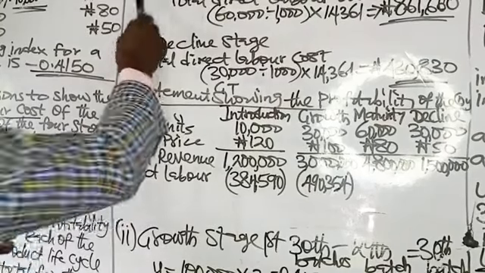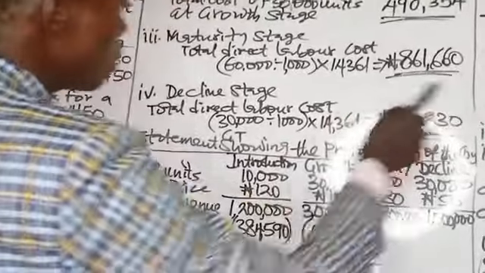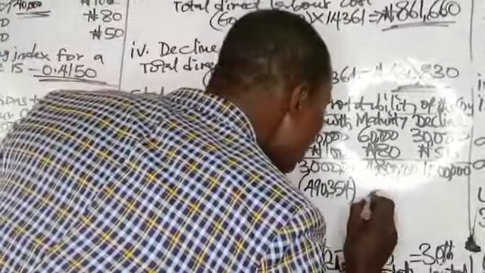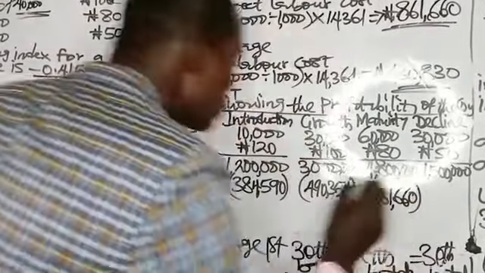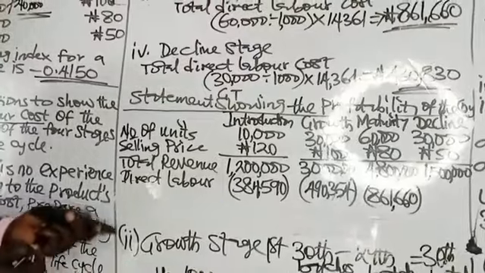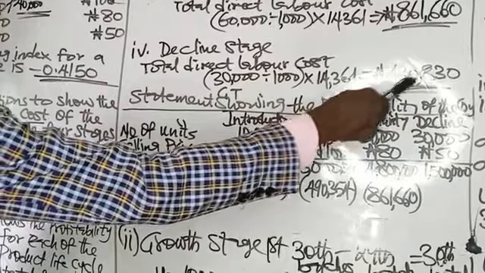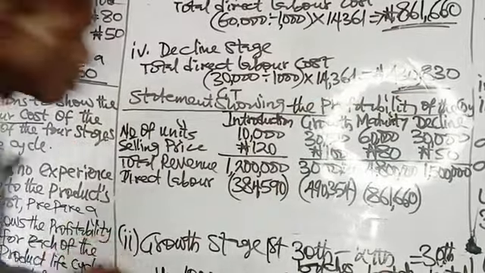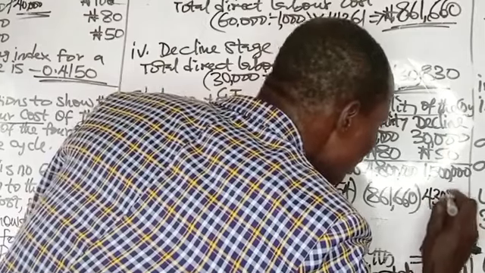Then the third stage, maturity stage, we have 861,660. Then the fourth stage, we have 430,830.